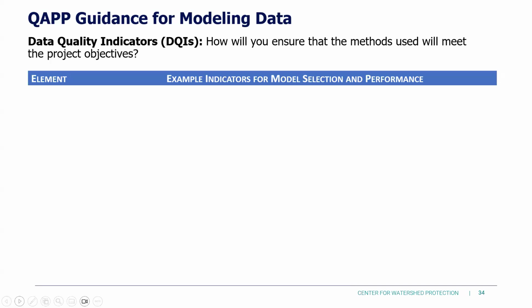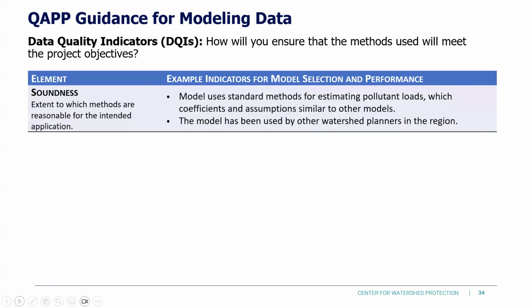So I'm going to talk a little bit about the data quality indicators. There's a big caveat to the modeling that I'm going to mention here. In this presentation, I'm trying to talk about models in the QAPP framework and template.